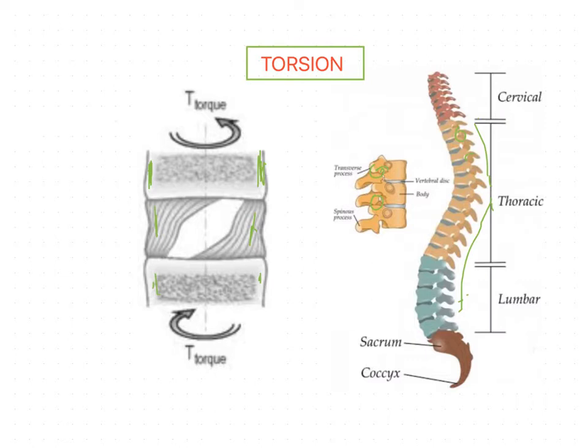Okay. When the disc is subjected to torsion, half of the annulus fibrosus fibers resist the clockwise direction.